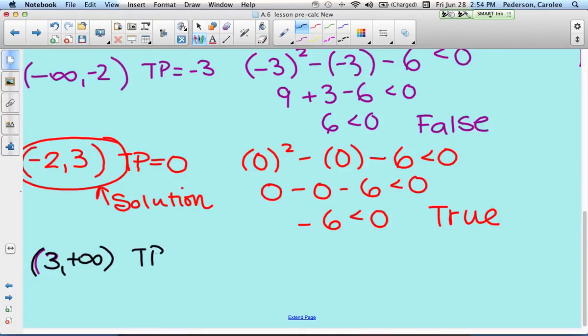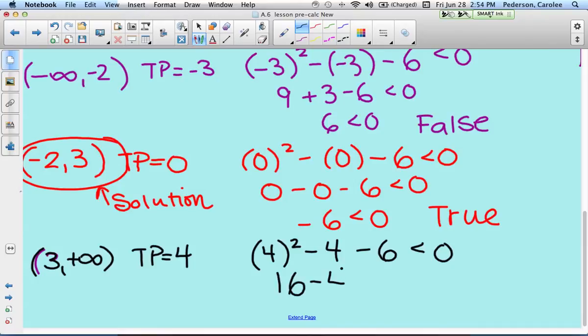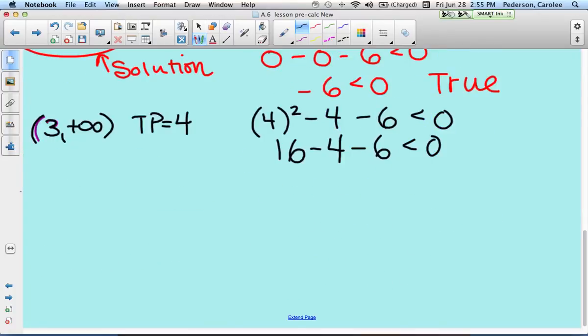Our test point is 4, and we're substituting into that black inequality. So 4 squared minus 4 minus 6 is less than 0. So we get 16 minus 4 minus 6. 16 minus 10 is 6. Read the inequality. Is it true that 6 is less than 0? No, that's false. So this interval is not true. You cannot have any solutions from 3 to infinity.